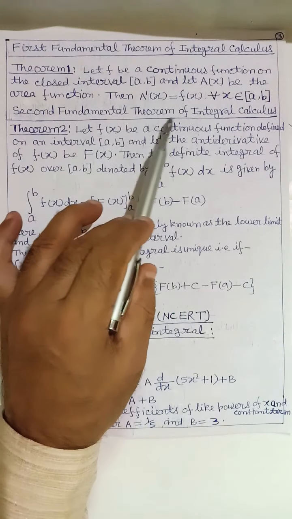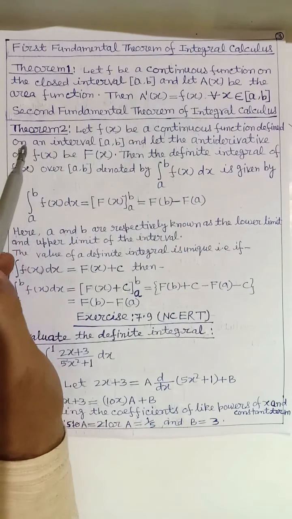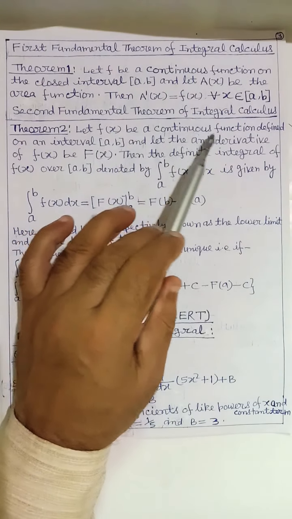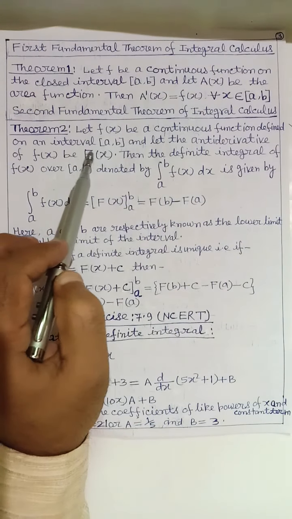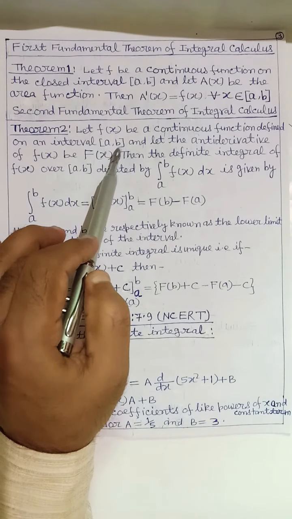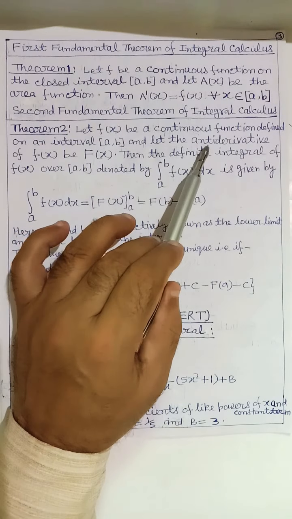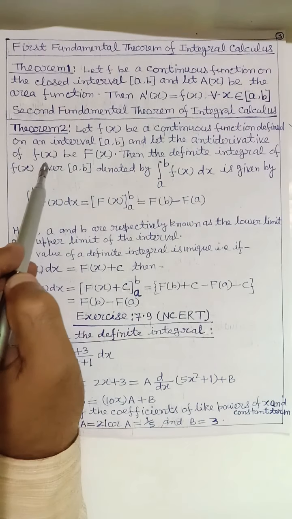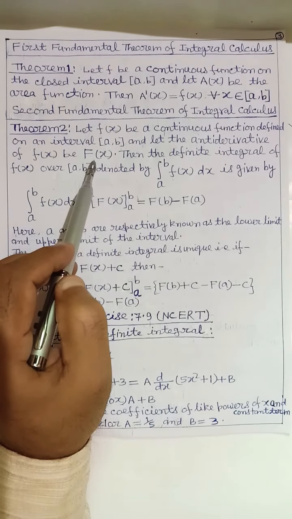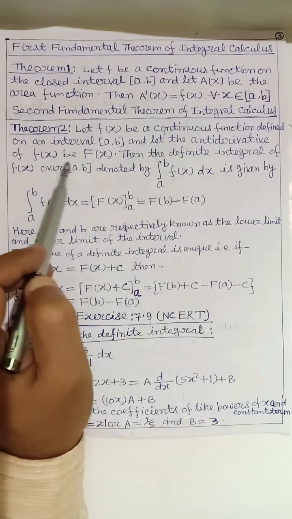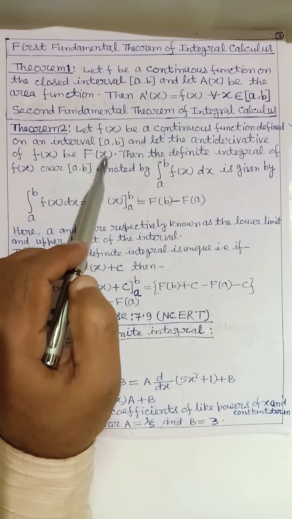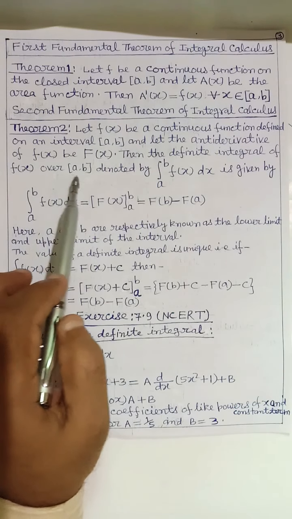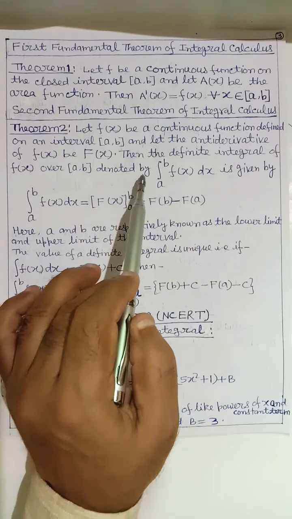Second fundamental theorem of integral calculus, theorem 2: let f(x) be a continuous function defined on closed interval a to b, and let the antiderivative of f(x) be capital F(x).